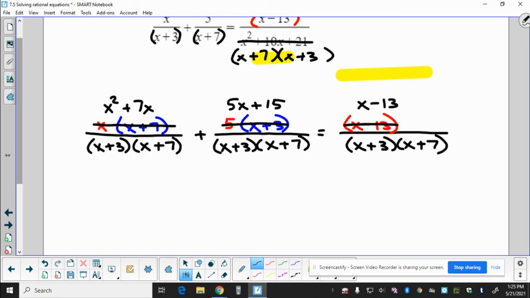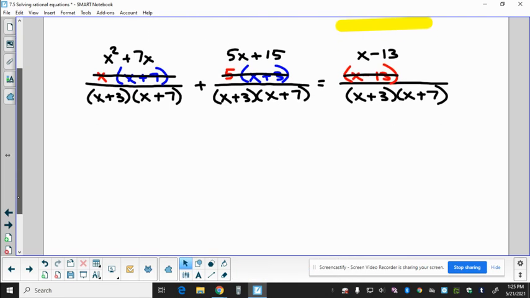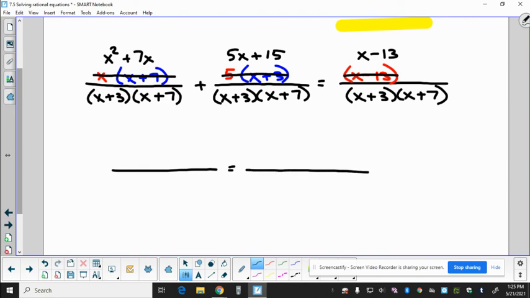No parentheses needed. All right, I think we're ready to write this as actually a proportion. Okay, x plus 3, x plus 7 is the denominator.